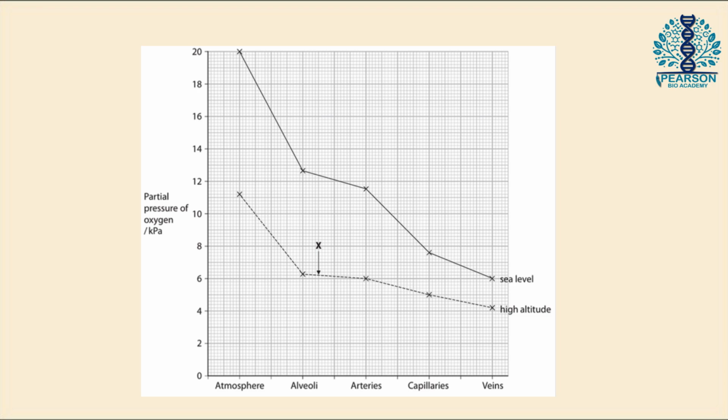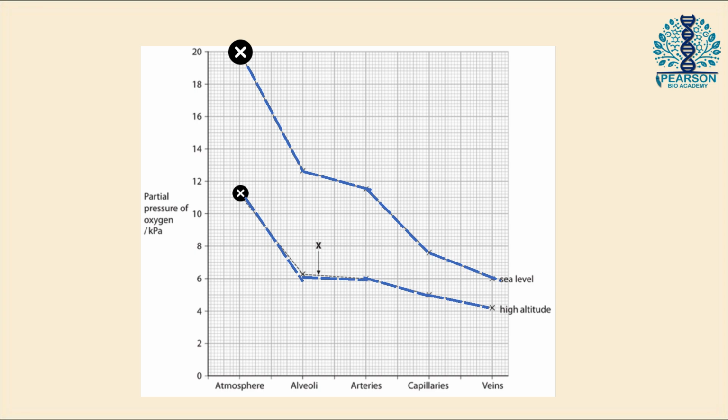Here you can see that at sea level, the partial pressure in the atmosphere is much higher compared to high altitude. And then you can see the trend. In the atmosphere, it's very high, but when it reaches the alveoli, there is a reduction, then arteries, capillaries, and finally veins. By the time it reaches the veins, the partial pressure becomes much lower.